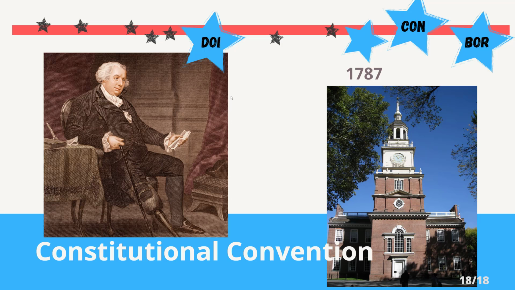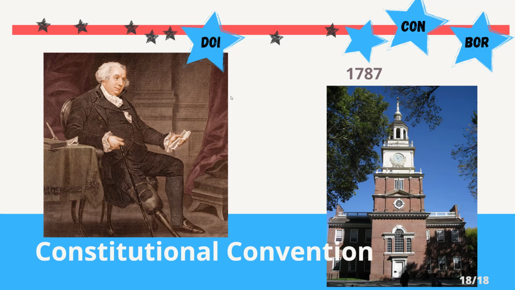So I do want to note here that we have the convention in 1787. The Constitution will ultimately be ratified in 1789. That is approved, right? So it is a process. And then finally, you have the Bill of Rights, which again is that document of the first 10 amendments that say, yes, I recognize that this new structure exists, yet I want freedom of speech, right?